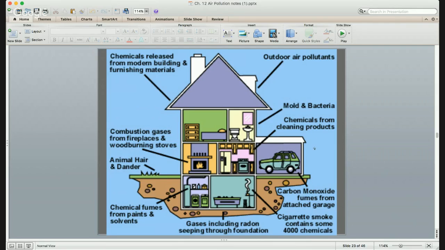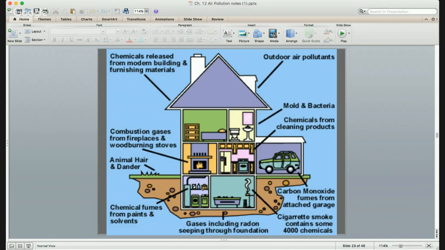So here's just a schematic of where you can find some of these things that can cause air pollution. If you have an indoor garage, you can be affected by carbon monoxide. If you have anybody that smokes in the house, that's definitely something that can affect you. It contains more than 4,000 chemicals. Radon, which we're going to talk about in a few minutes, can seep up from the ground.